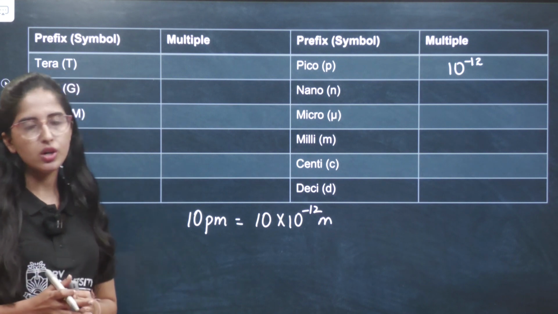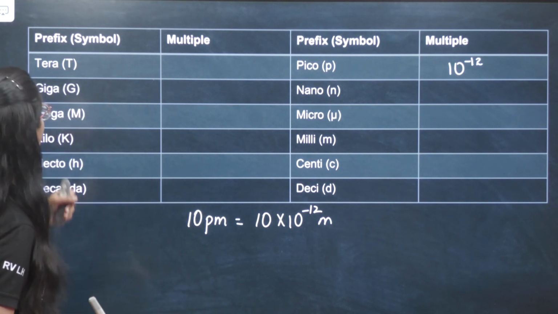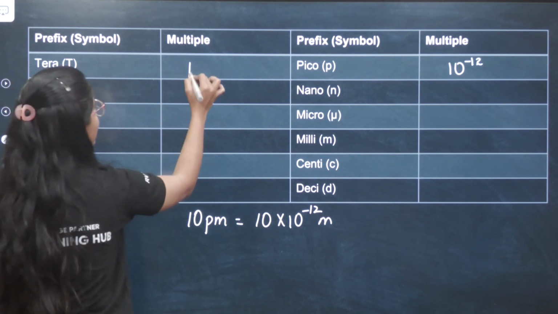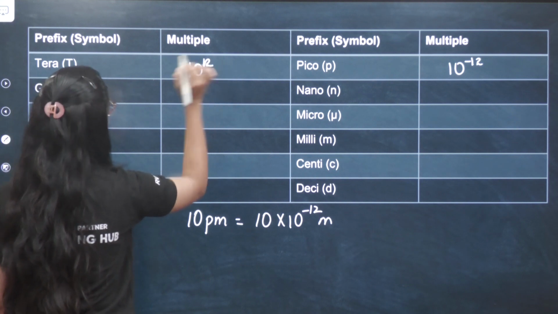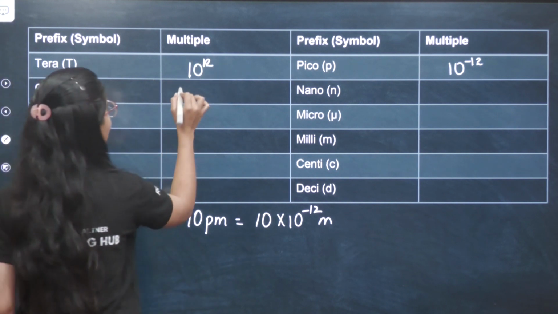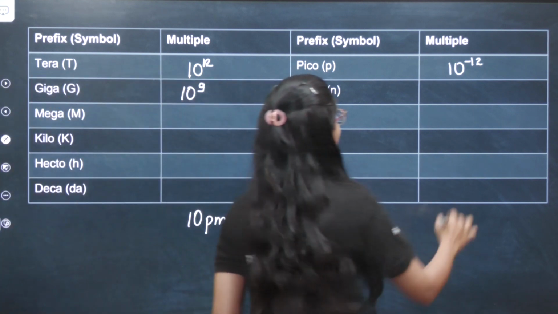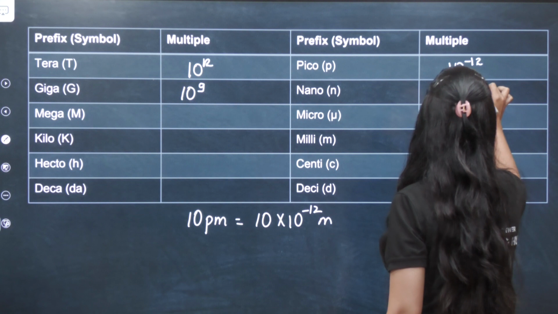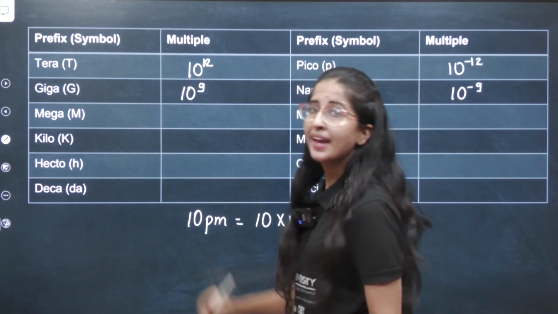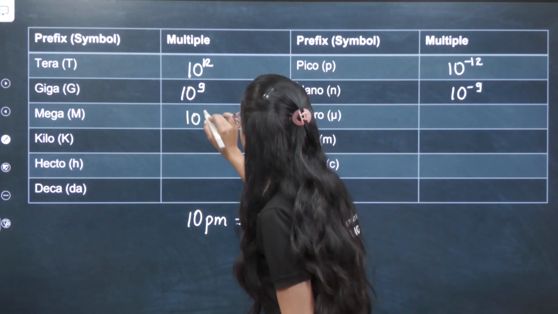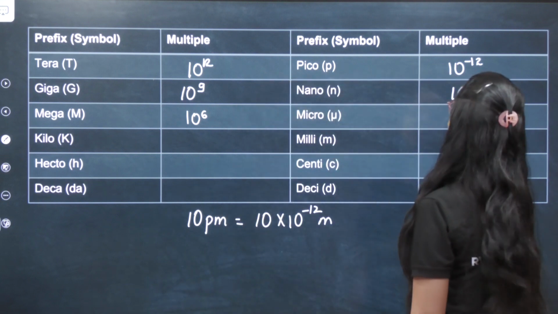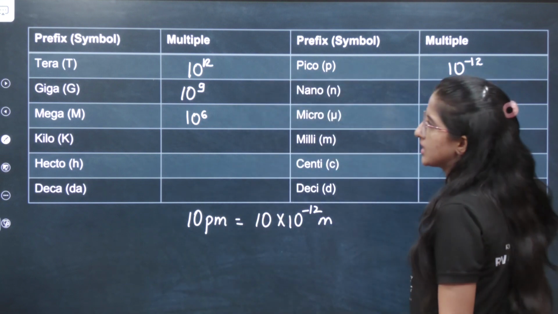formula, and then you have to solve your problems. So see here, tera means 10 raised to plus 12. Giga means 10 raised to 9. And nano, it is 10 raised to minus 9. Mega, 10 raised to 6. Micro, 10 raised to minus 6.